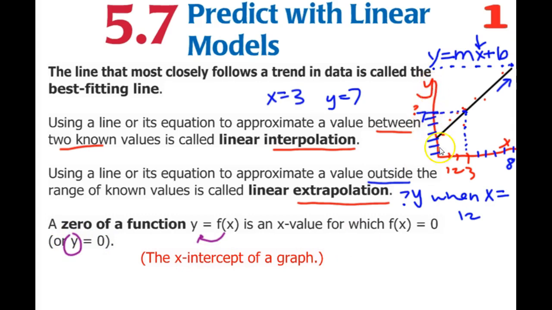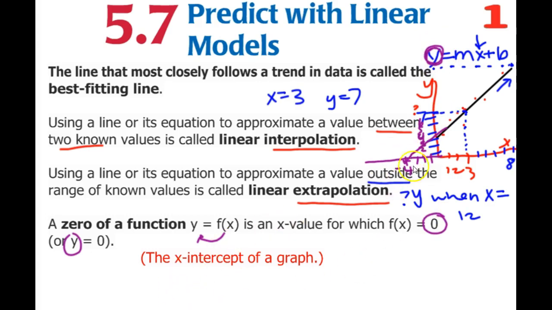So when y is 0, here's our y-axis, 6, 5, 4, 3, 2, 1, 0 would be down here at the bottom. When y is 0, where's x according to our line? And this line, if this continued, would be at maybe like -4. So we need to figure out what that is by plugging y is 0 into our equation.